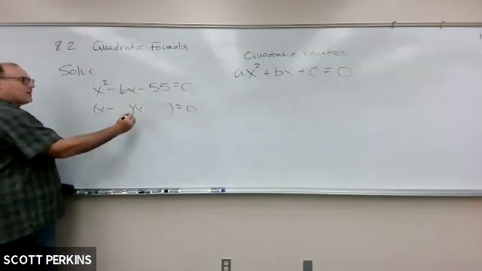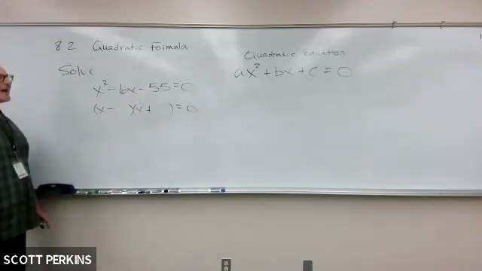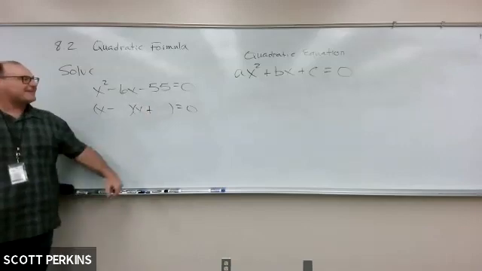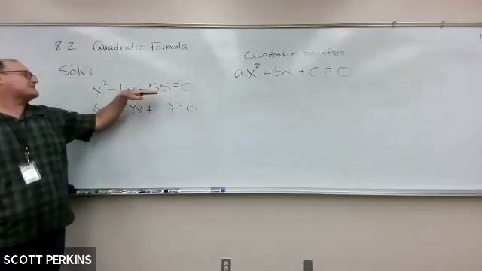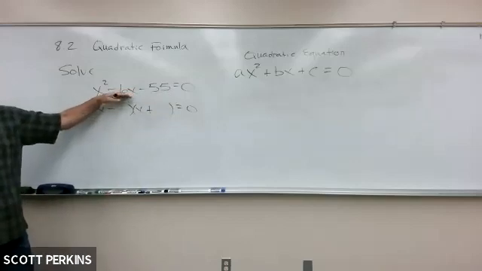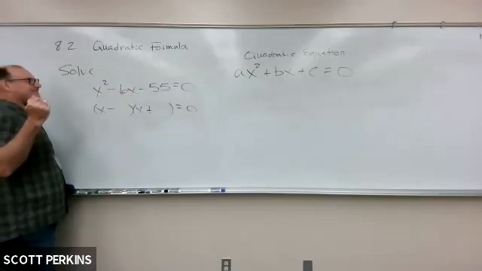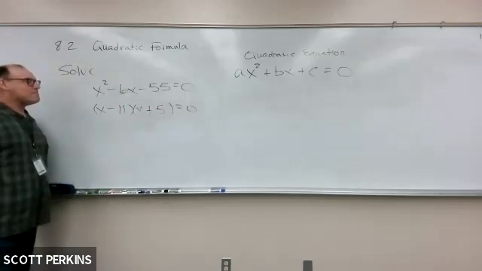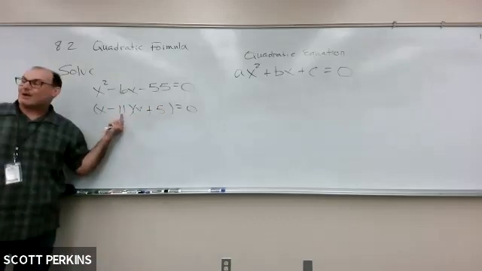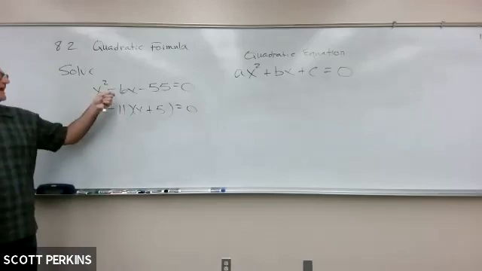A negative and a positive, or a positive and a negative. The order does not matter. That is indeed true. And then I need the two factors of 55 that are going to be 6 apart. Sure, 11 and 5. And I made the 11 the negative one because they have to add up to negative 6.